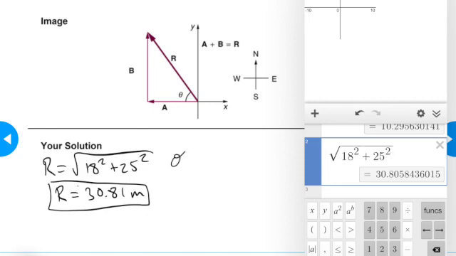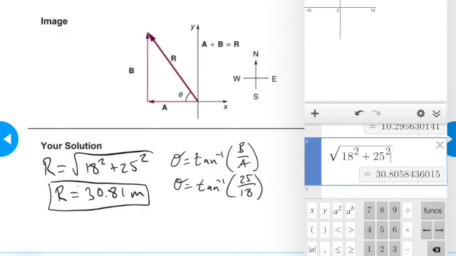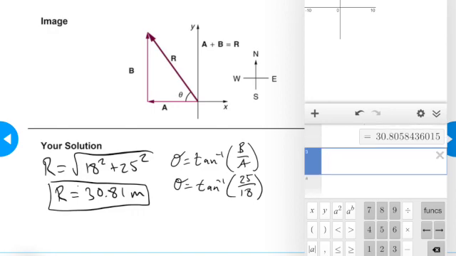Then our direction, theta, the inverse tangent of B over A, which is the 25 over 18. Now, also keep in mind that A should be negative, so if we were adding on something that, like B had a component in the x direction as well, we have to take that negative into account, but we don't have to do that here.